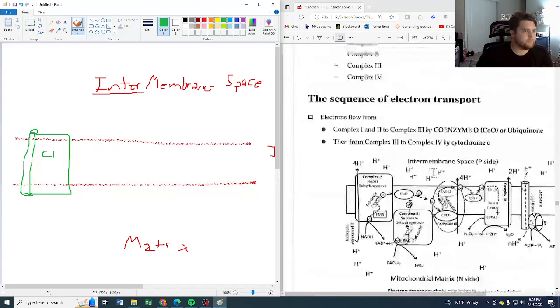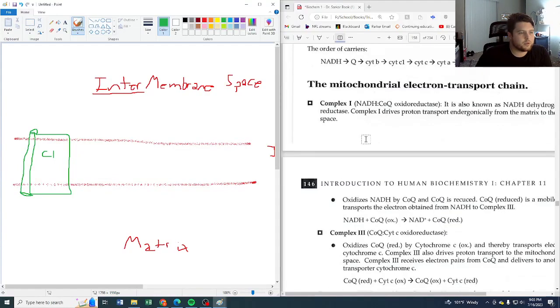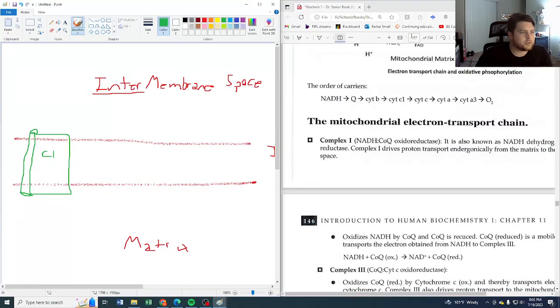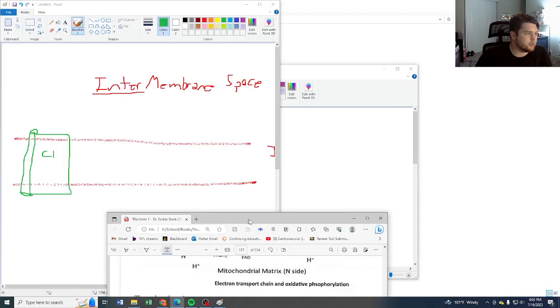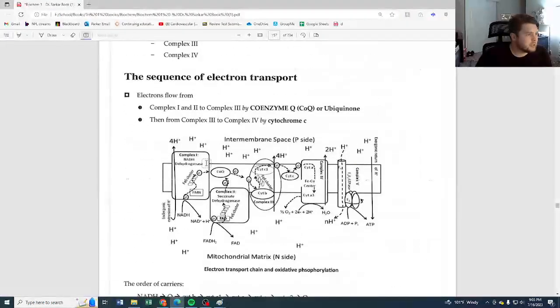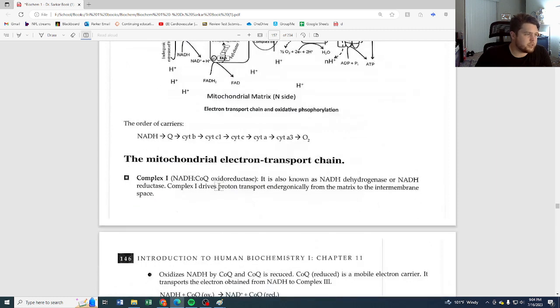Complex 1, we'll see the name, it's an NADH dehydrogenase. So it is also known as NADH dehydrogenase or NADH reductase. So these are all AKAs.